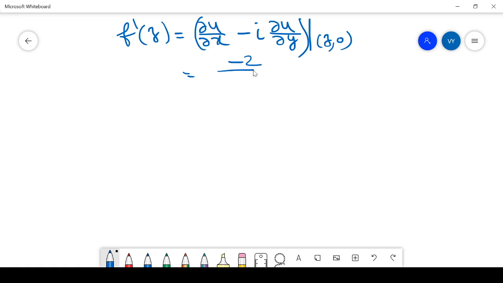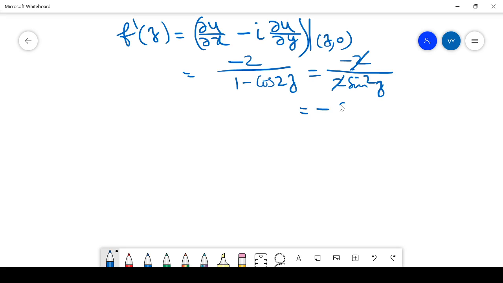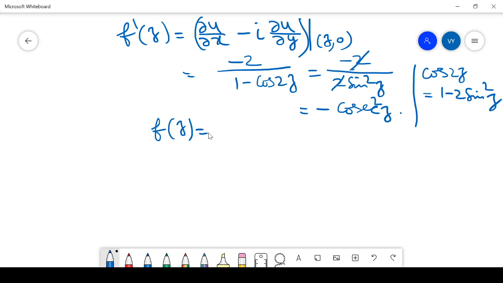This will give you minus 2 by 1 minus cos 2z, which gives minus 2 divided by 2 sin squared z. 2 gets cancelled here. This gives you minus cosecant squared z. This we know: cos 2z is equal to 1 minus 2 sin squared z. I have substituted here.